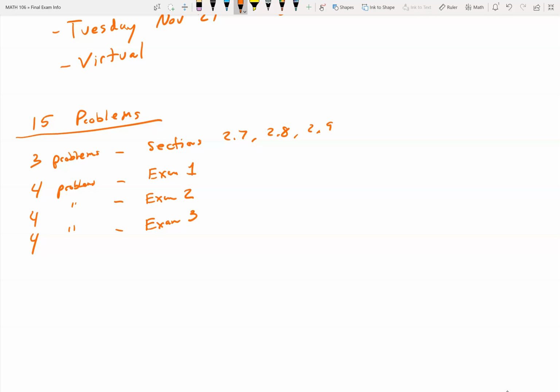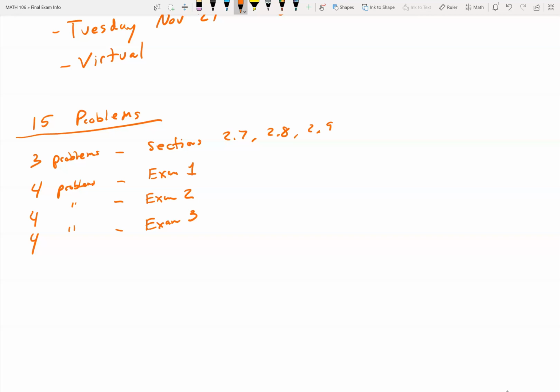Will you see identical problems from those exams? That's a possibility, but I could change some questions just to ask some slightly different things. But if you focused on sections 2.7 through 2.9, and then really just focused on the content from exams 1 through 3, that's what you're looking at for the final exam.